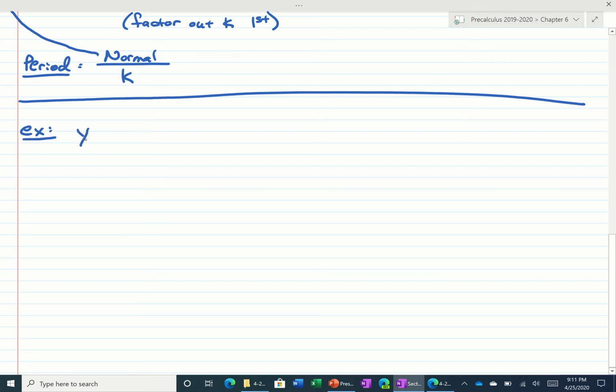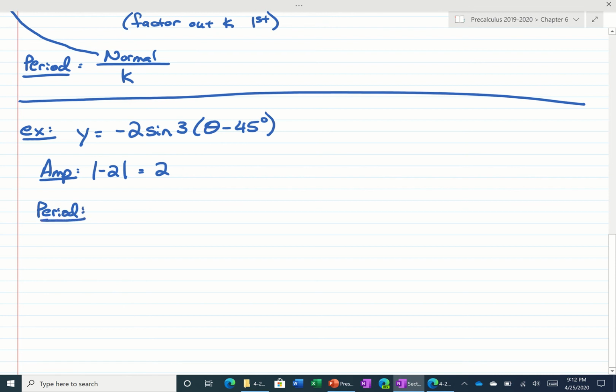Say we had y is equal to -2 times the sine of 3 theta minus 45 degrees. To get your amplitude, it's going to be the absolute value of -2. Absolute value always gives you a positive number. To get the period, we always want to make sure that theta is by itself, and this is the k value.